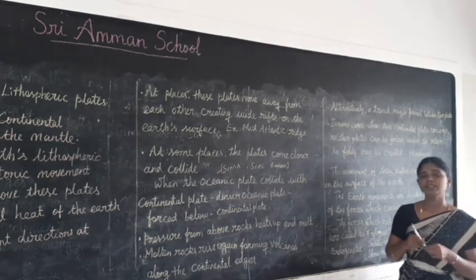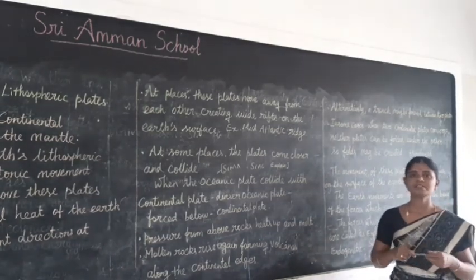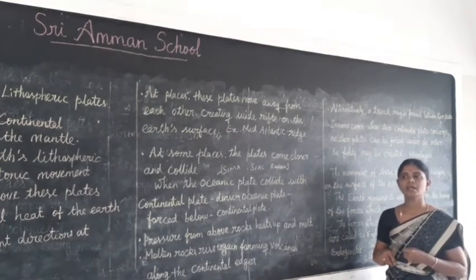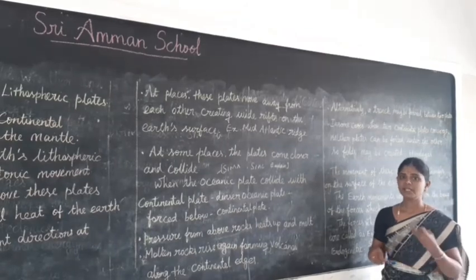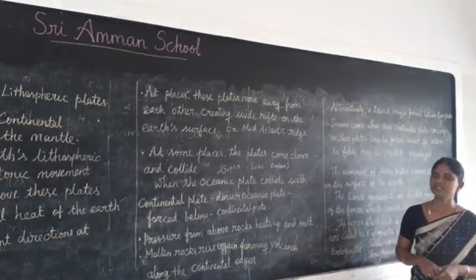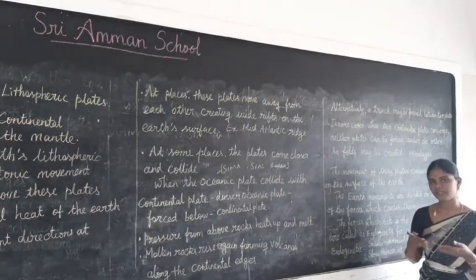So the movement is of three types: convergent boundary, divergent boundary, and transform boundary. Convergent means they come closer.